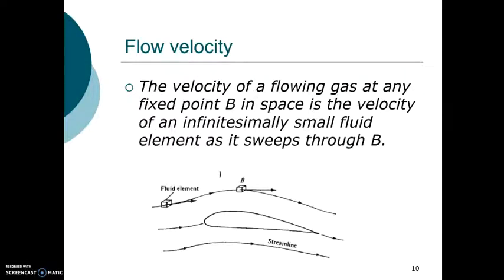And then we proceed to also look at the flow velocity. The velocity of a flowing gas at any fixed point in space is just the velocity of an infinitesimally small fluid element as it sweeps through that point in space. So, for instance, here, this fluid element that is flowing in this fluid, as it flows through point B, whatever velocity it has is considered the flow velocity.